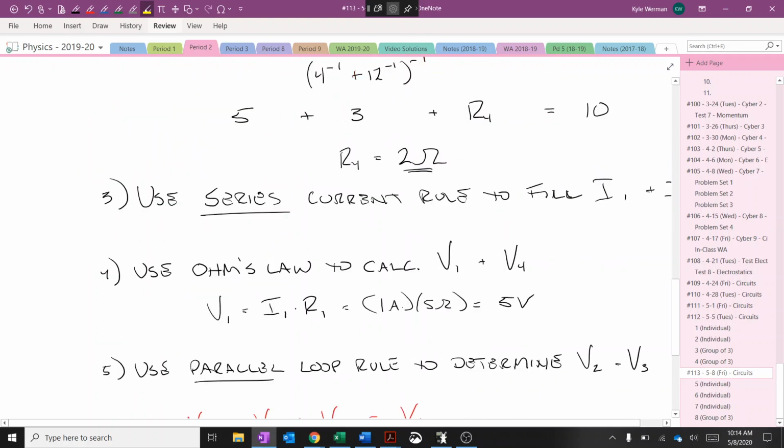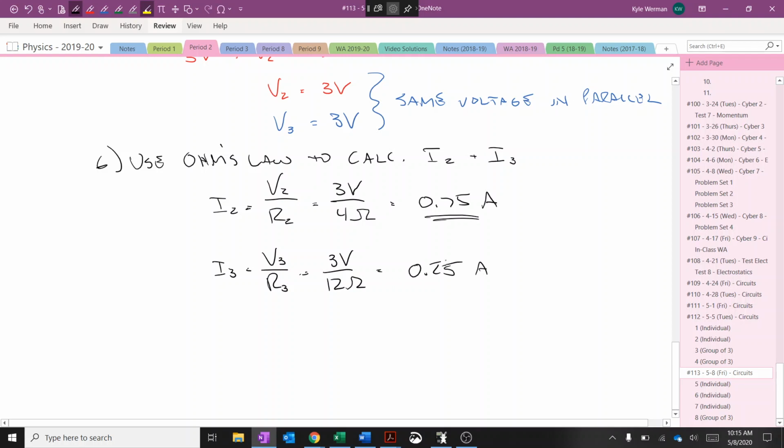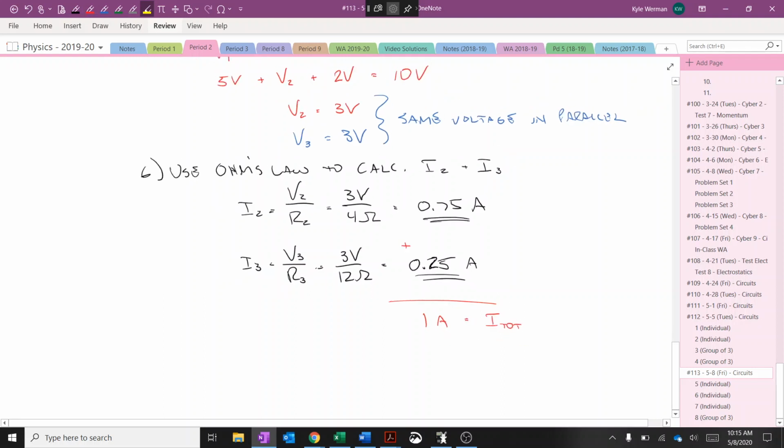All right, and if I calculate I3, I would get V3 over R3, the same 3 volts, but now divided by 12 ohms, and I get the 0.25 amps. And notice if I add those up, they get the total current coming into that split, which all checks out.